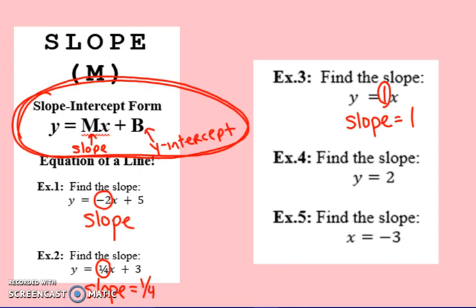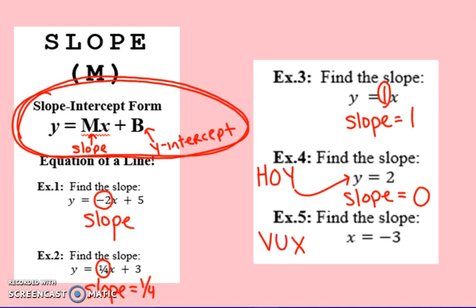In the case of example number 4, this goes back to Hoi Vux. If I have Hoi, that tells me it's a horizontal line with a 0 slope in the form of y equals. Well, here is my y equals equation. So my slope equals 0. Number 5, that is our Vux.